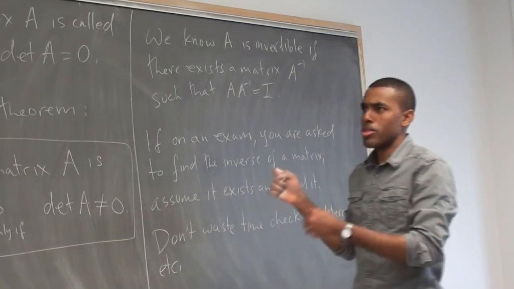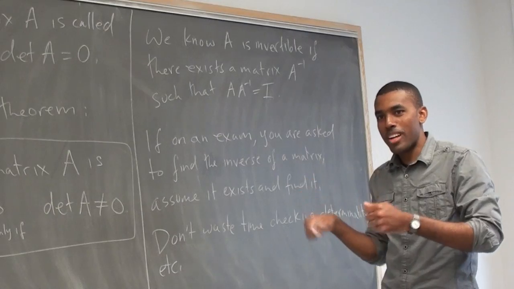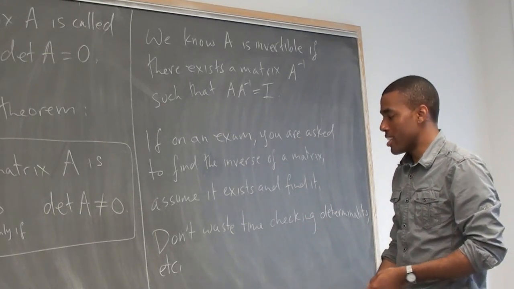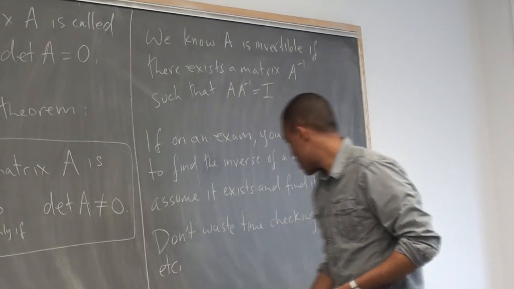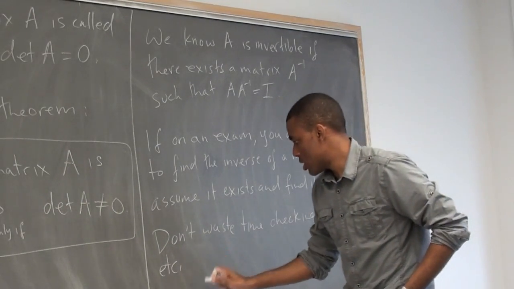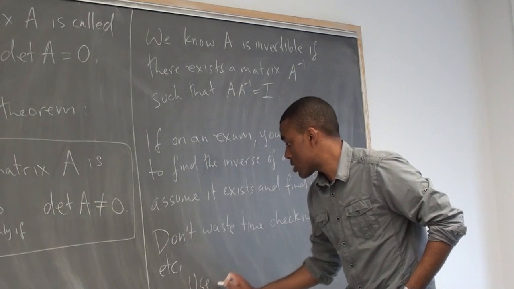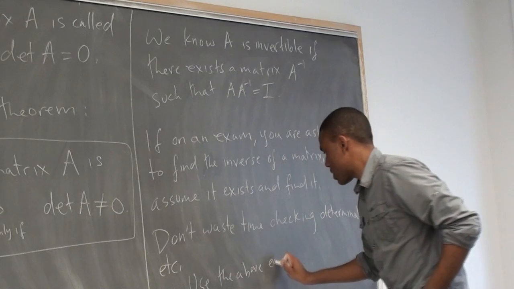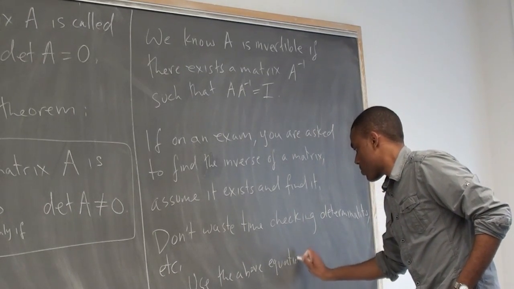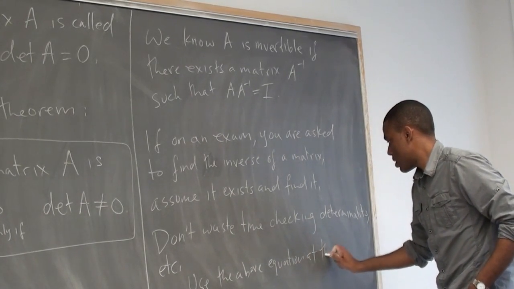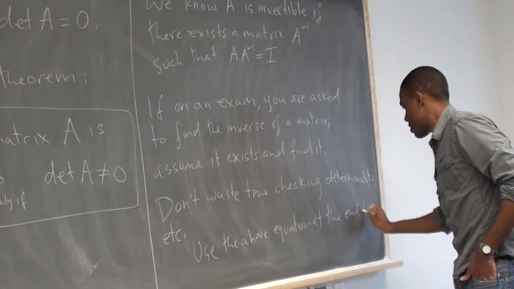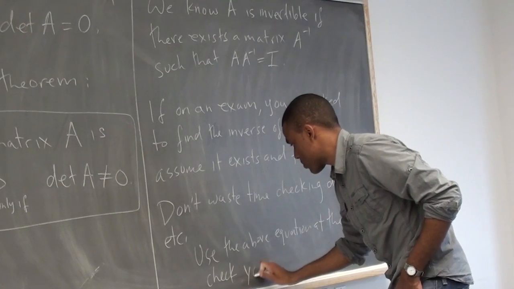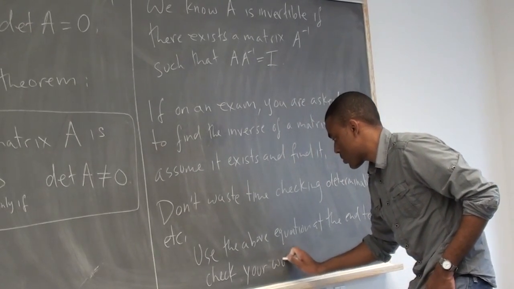Some students say it doesn't exist, and they start finding determinants. That takes forever, and then they move on to find the inverse. Don't waste your time doing that. Use the above equation to check your work. So for our homework, we assume that they all exist.